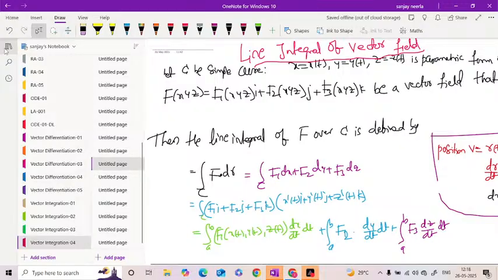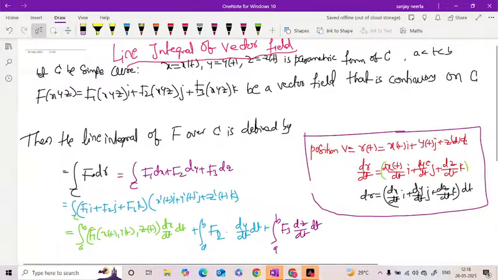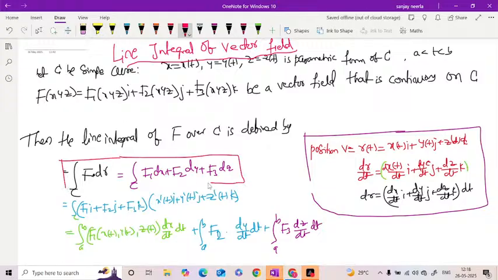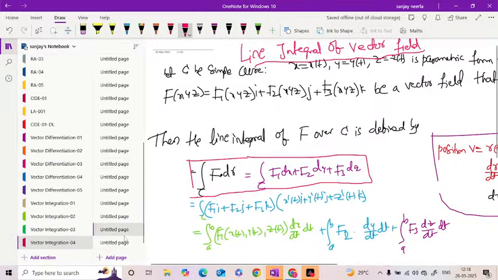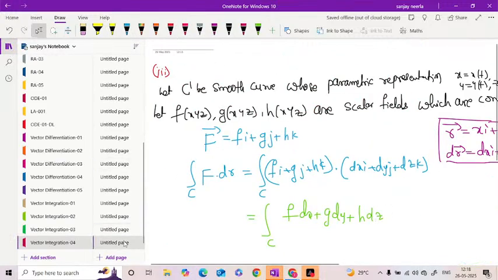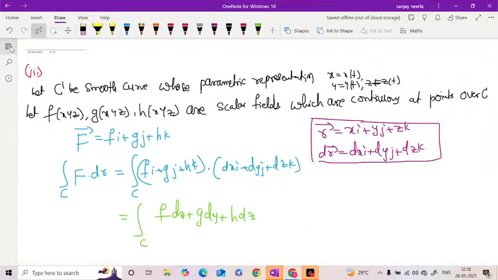Observe here also we directly get it. So these two are nothing new, both are almost all the same. Here the line integral of F dot dr is equal to the line integral of f1 dx plus f2 dy plus f3 dz. So the line integral of the vector field and the line integral of the scalar field, nothing new, it is almost all the same only. Okay.